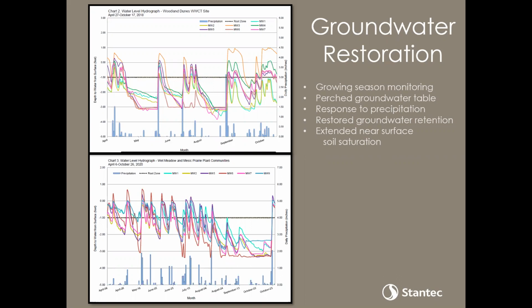The trend is mostly a flatter trend as opposed to a real steep trend. And that's a sign of a successful wetland restoration. So we restored the hydrology from this real flashy system, which drops to sometimes 3 feet below ground surface in a short period of time, to this more of a gradual trend to the drier condition.